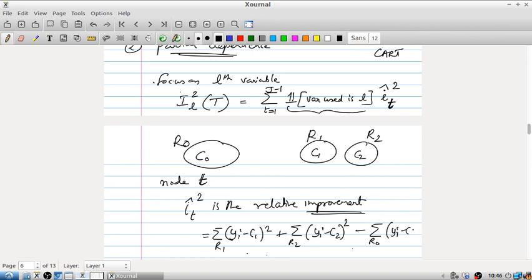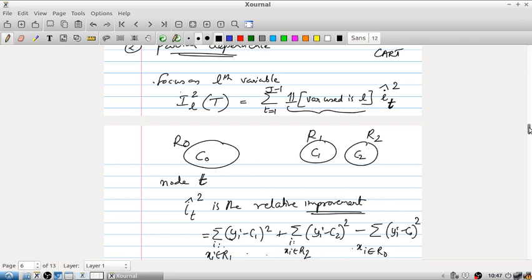Of course, when I say sum over region, I mean i is such that xi belongs to that region, for example R1. So this is a relative improvement. You broke down the region into two parts, so you reduce the error, for example the mean squared error. Okay. So this is it.